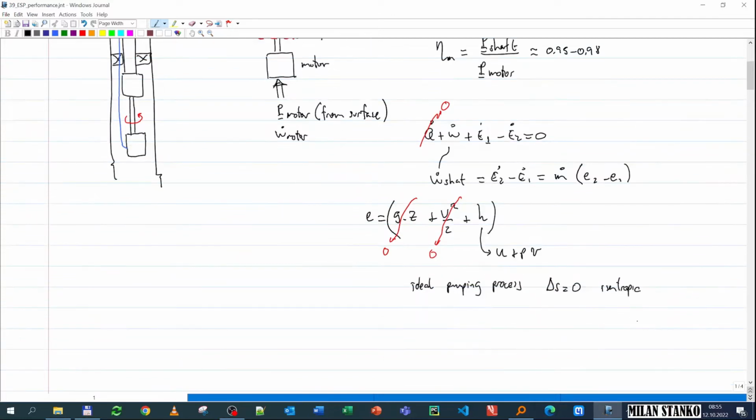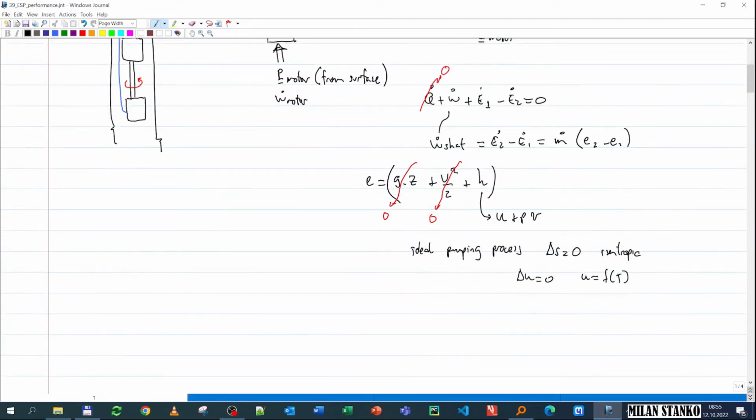If I do that, then the delta U is equal to 0, because for an ideal liquid, U is a function of temperature, and you don't have any increase in temperature in this isentropic process. So then you end up that the work ideal, the pumping power, required power for an ideal pumping process is equal to mass flow times P2 V2 minus P1 V1.